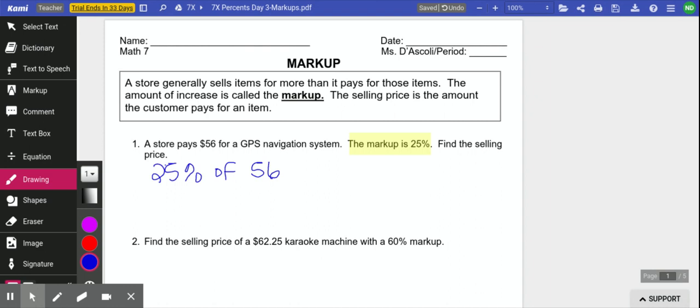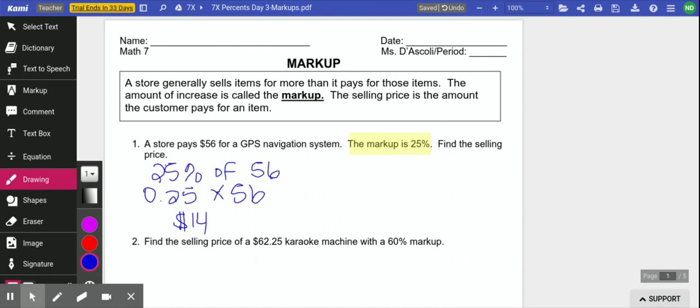So again, to find the percent of a number, we are multiplying. Before we can multiply, we need to convert that 25% into a decimal, and 25% written as a decimal is 0.25. So 0.25 times 56 is 14.